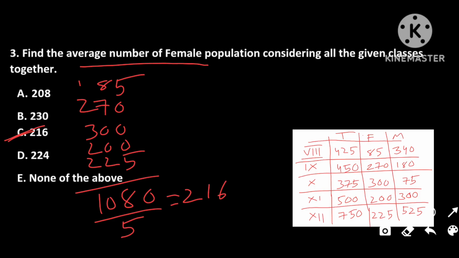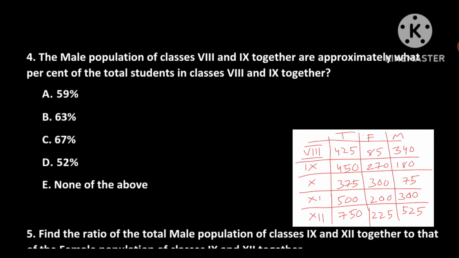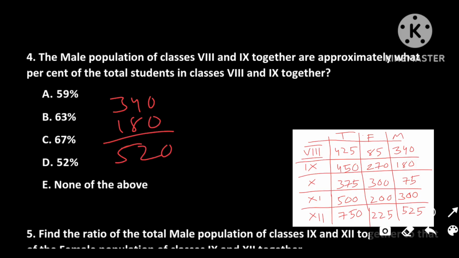Okay. Next, fourth question. The male population of 8th and 9th, 340 plus 180 together we got 520. Approximately what percentage of the total students in 8 and 9 together?